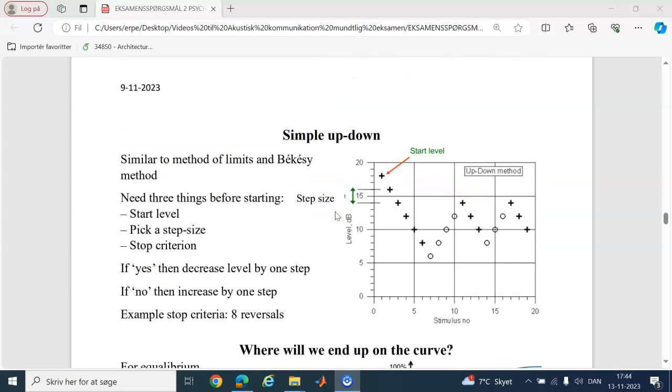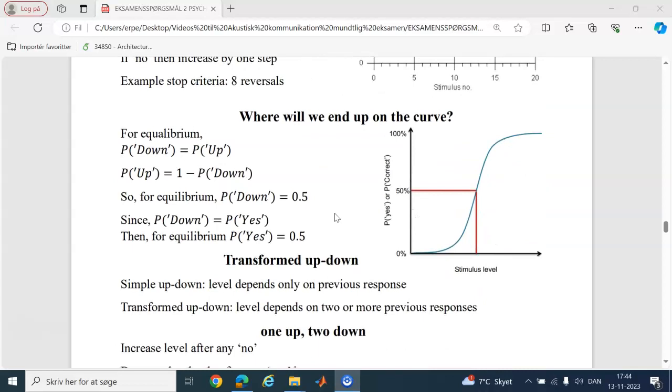If we have a simple up-down, then at equilibrium the probability of down is the same as the probability of up, and the sum of the two probabilities is 1. You can say the probability of up is 1 minus P down.